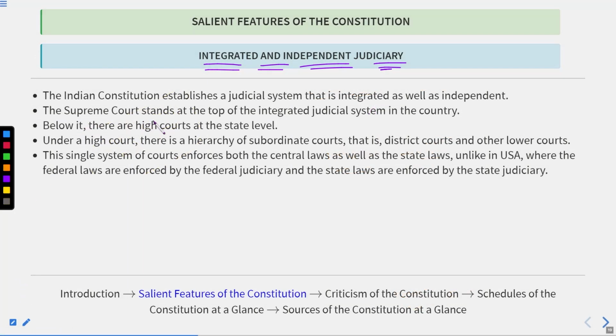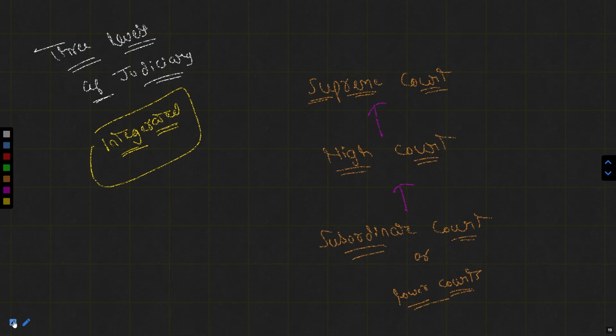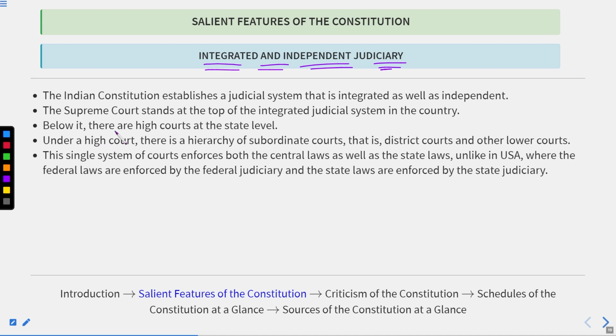The Supreme Court stands at the top of the integrated judicial system in the country, as we have seen. Below it, there are high courts at the state level.